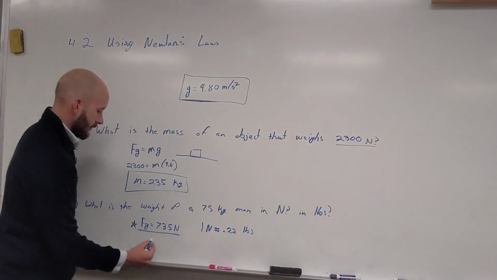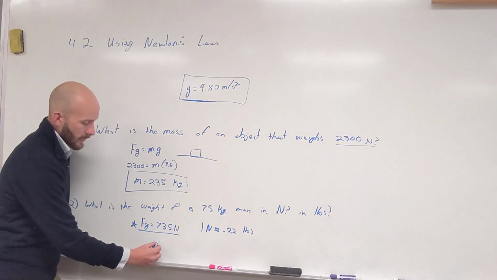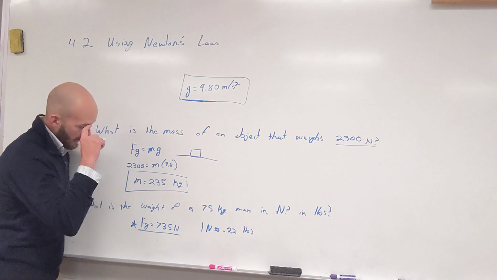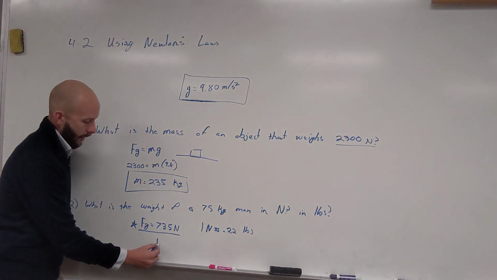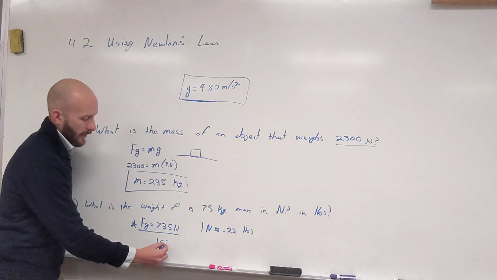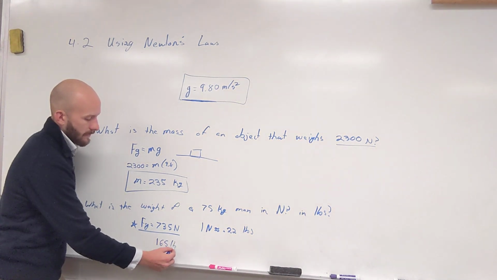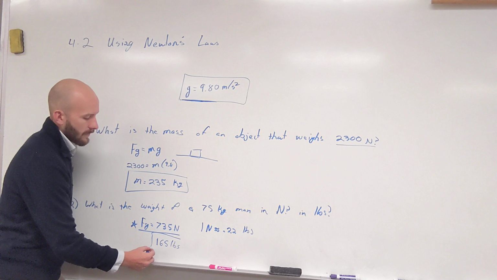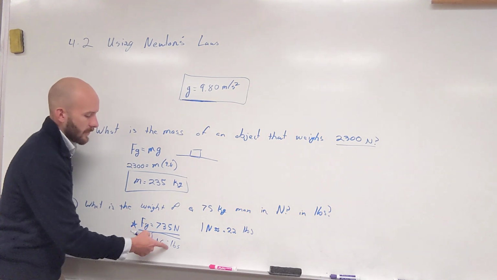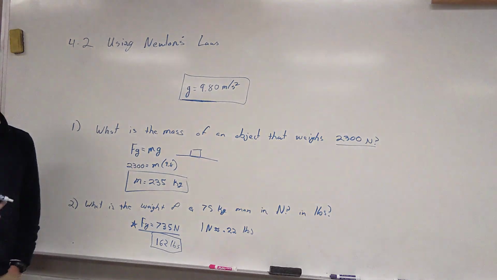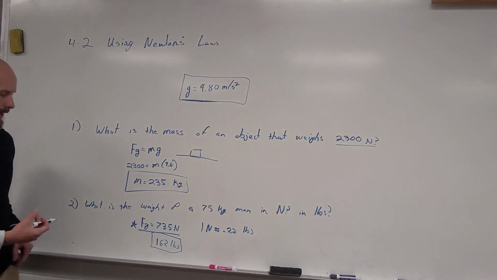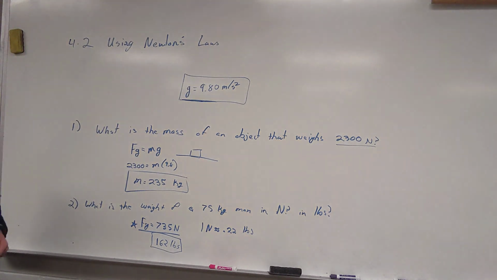So if you multiply it by 0.22, we get 162. Okay. Again, that seems reasonable. We're talking about the weight of a man, about 162 pounds.